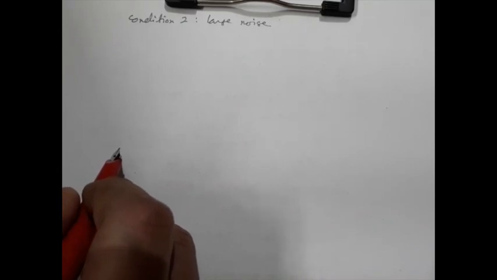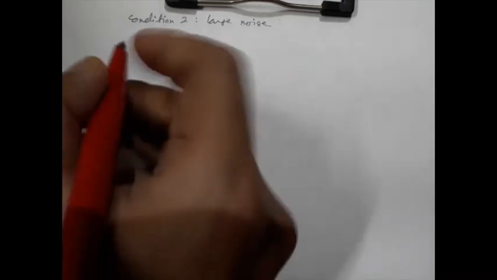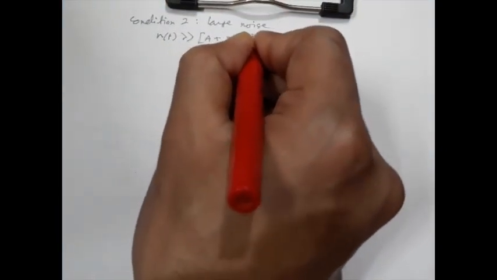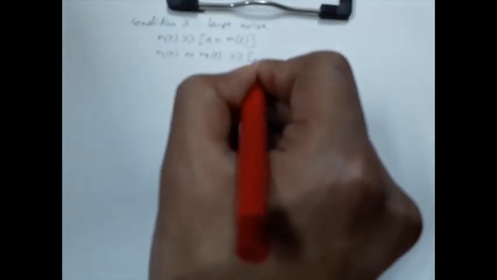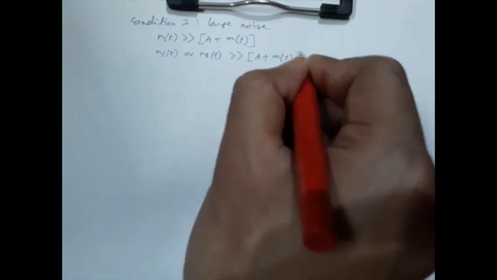Now we will consider the second case, condition 2, that is the large noise. In this case, n is much greater than A plus m(t). So obviously nc(t) or ns(t) will be much greater than A plus m(t).